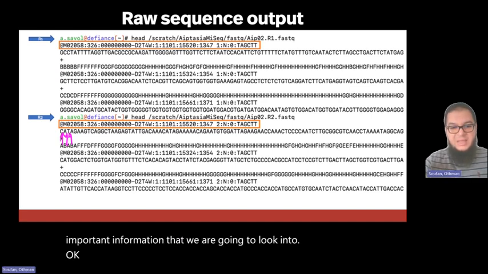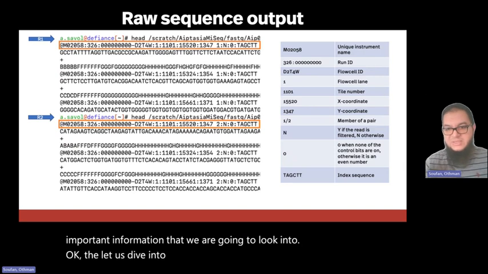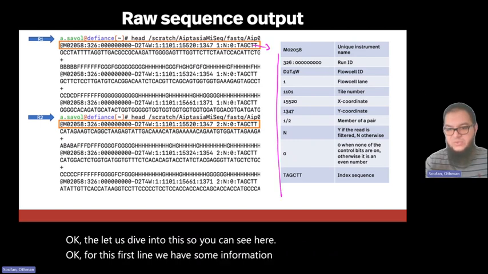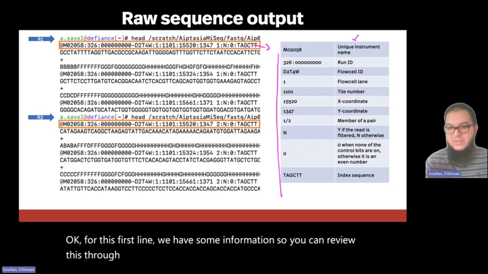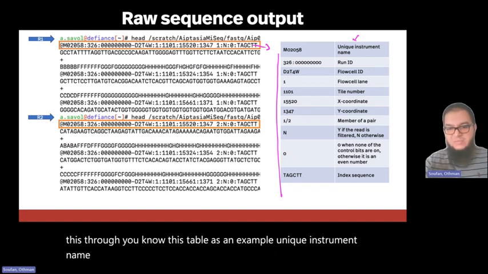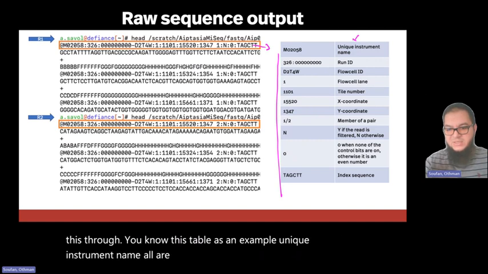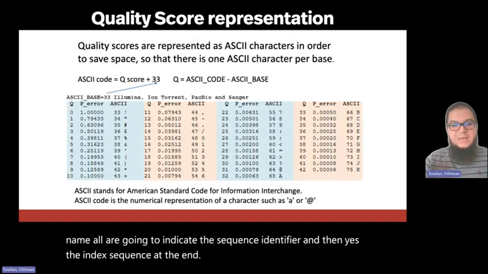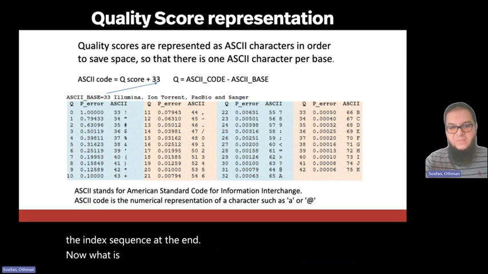Okay, let us dive into this. You can see here, for this first line, we have some information. You can review this through this table as an example. Unique instrument name and the others all indicate the sequence identifier, and then the index sequence at the end. Now, what is this formula we have here?